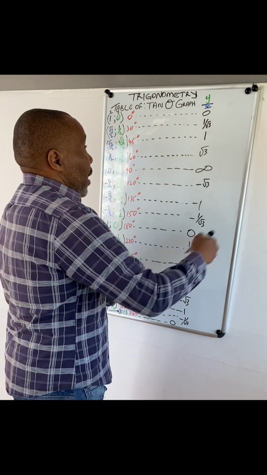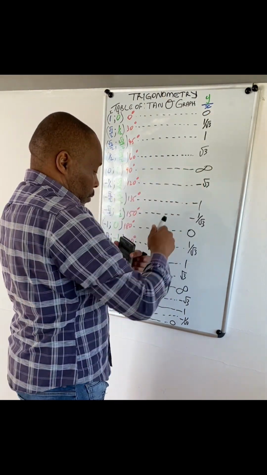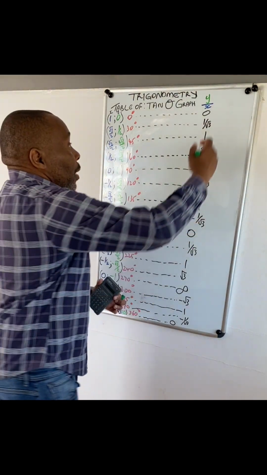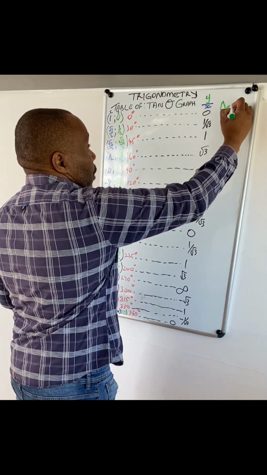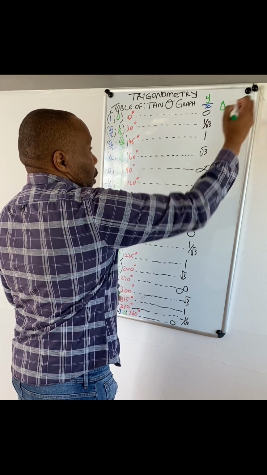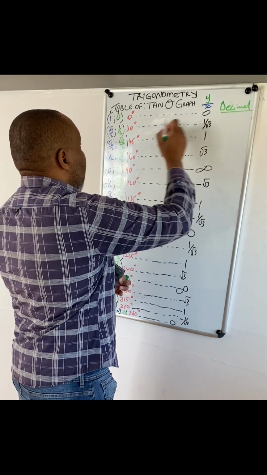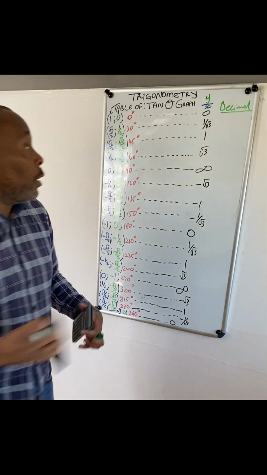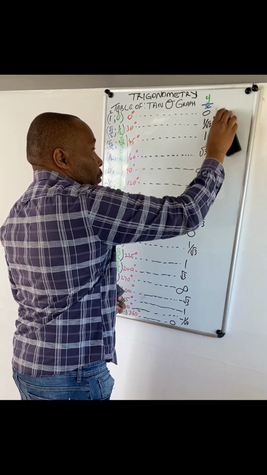I'll just write decimals here, using another color, and underline it at 0 degrees.